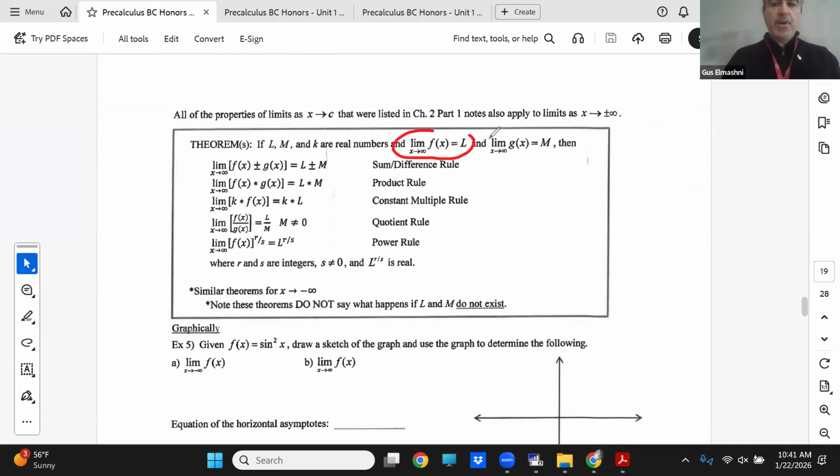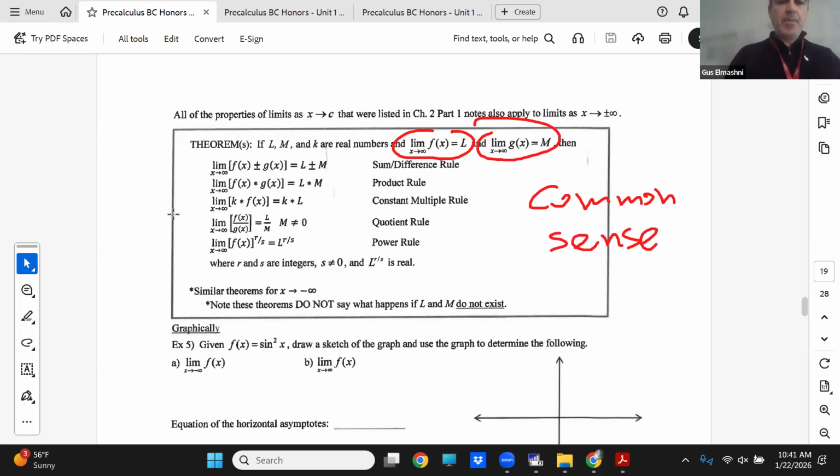If we know what the individual limits are for these two different functions, f and g, like say one is L, one is M, and if you're doing the limit of f plus g, then add those two limits, or subtract them if you're subtracting those two functions. Whatever you're doing, just apply that proper principle. And this is all just common sense. So, all right, let's keep on moving.